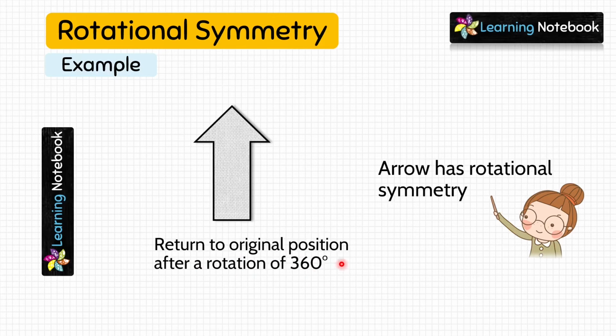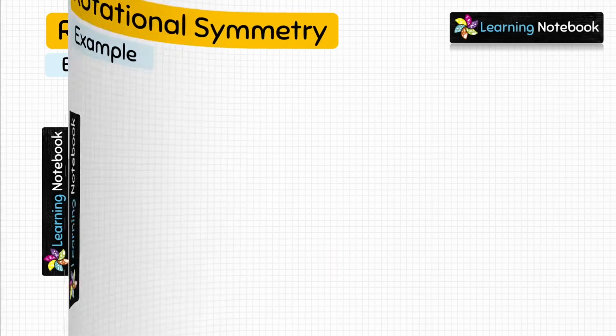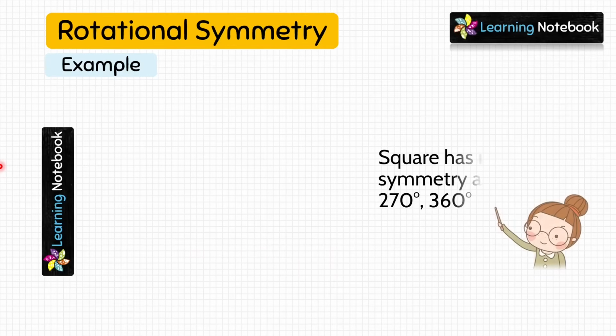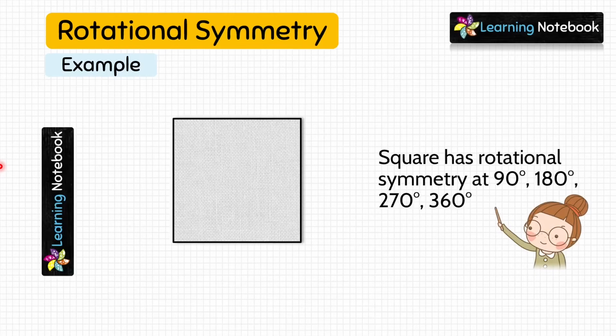So this shows that this arrow has rotational symmetry. Second example is square. Square has rotational symmetry at 90 degrees, 180 degrees, 270 degrees and 360 degrees.